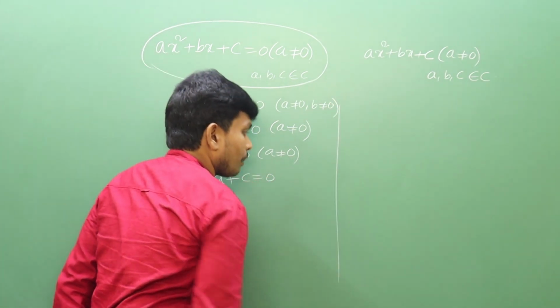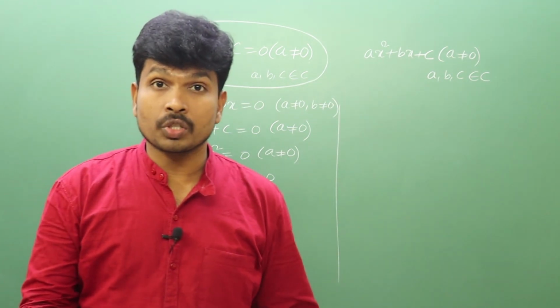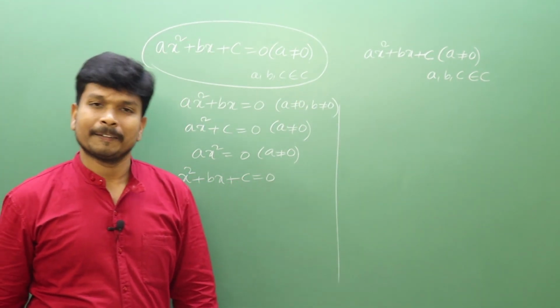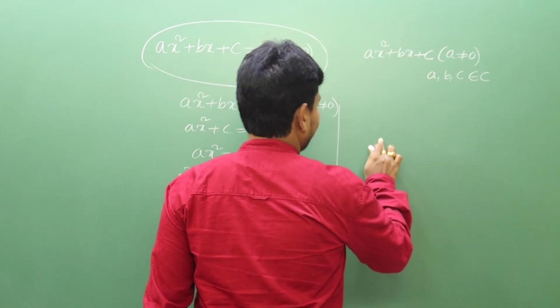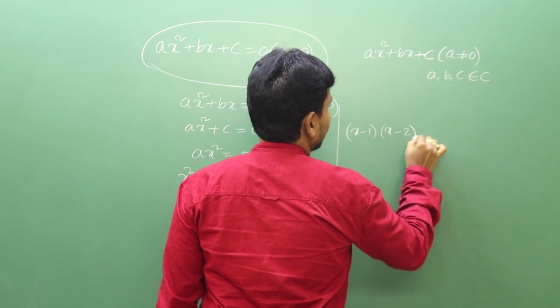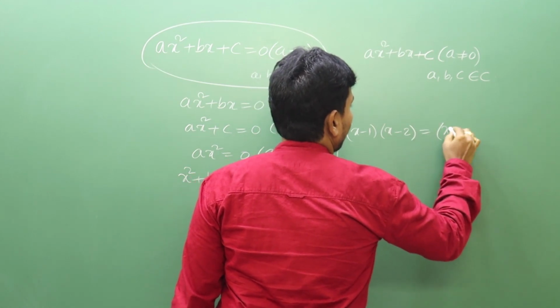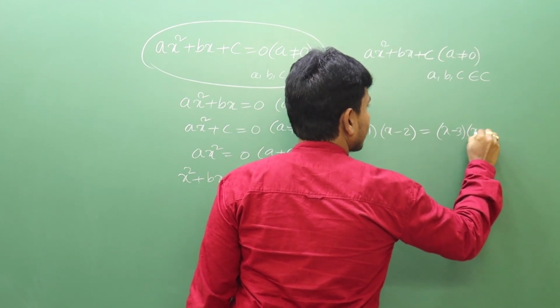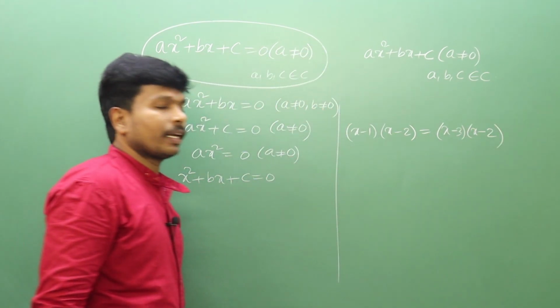Now I am giving you some problems, whether those are quadratic equations or not, you check it. Okay, get ready. (x − 1)(x − 2) = (x − 3)(x − 2). Is it a quadratic equation?